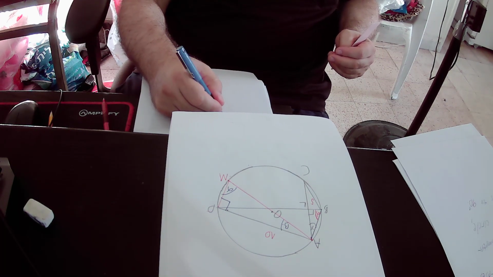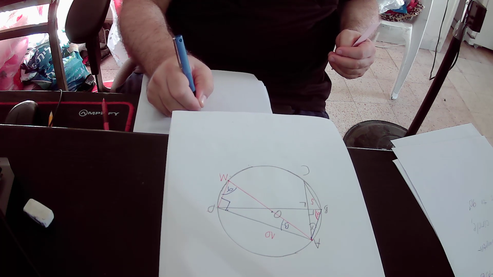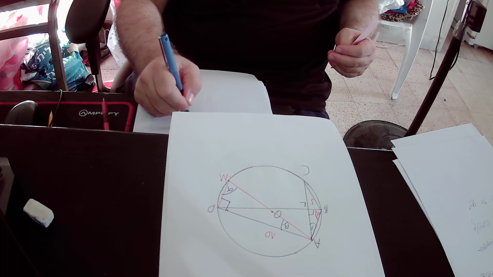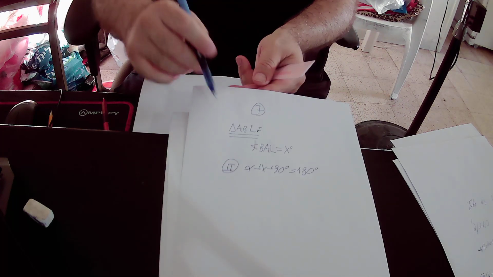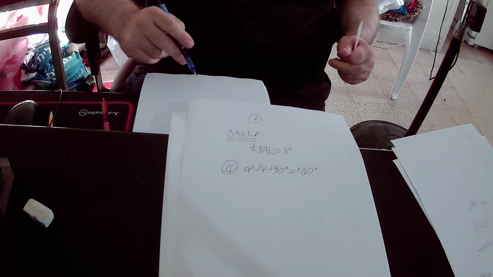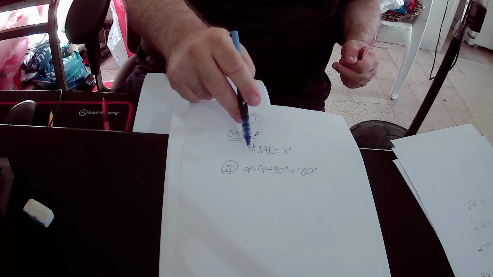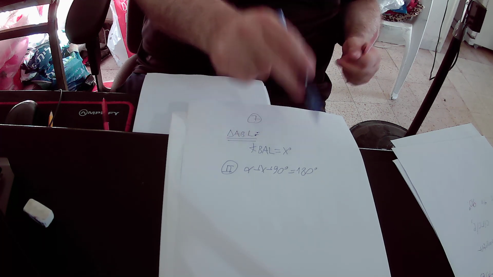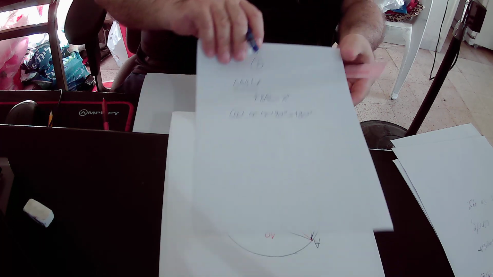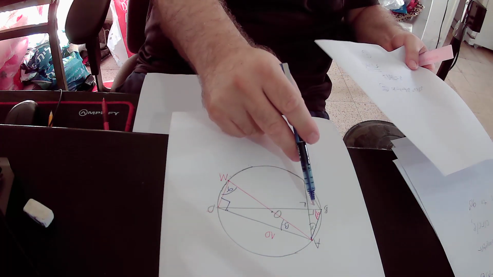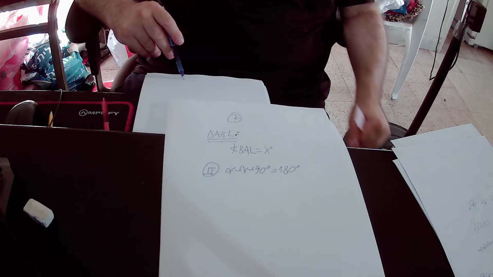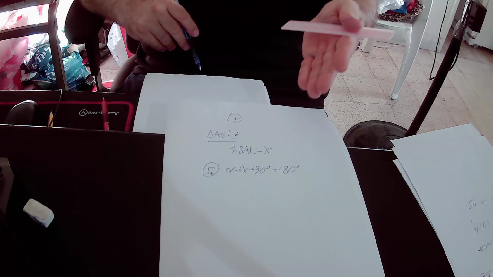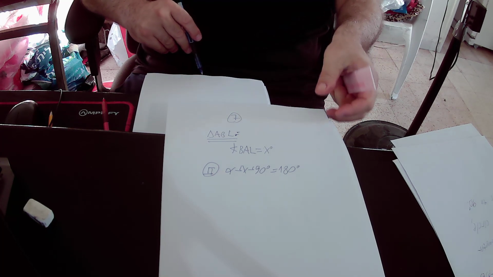So alpha plus X plus 90 degrees equals 180 degrees. That is to say, alpha plus X plus 90 degrees equals 180 degrees. Okay, now we will subtract 90 degrees from both sides of the equation, equation number 2.